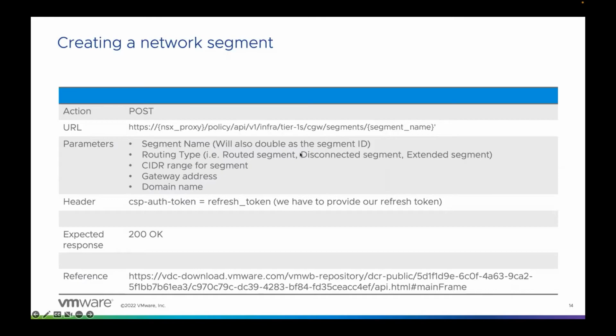We're going to capture that CIDR range for the segment, and the gateway address and the domain name. And we're going to set all of these as parameters and pass this all as JSON in a put request into the API. And then hopefully we're going to get back a 200 for that response.